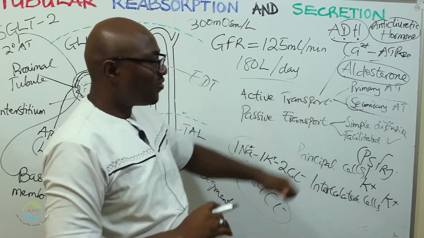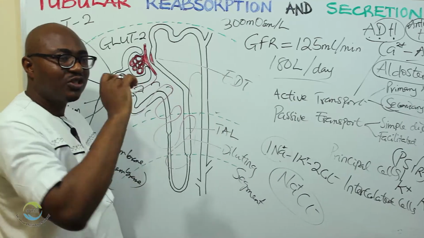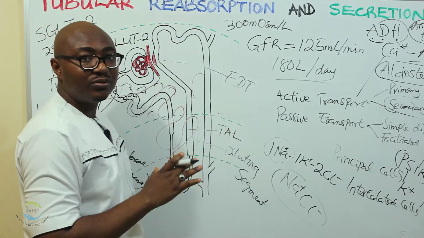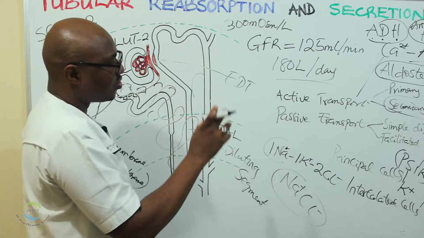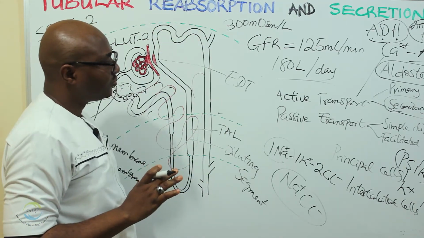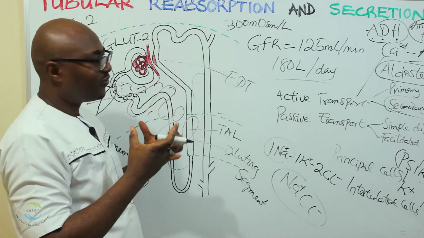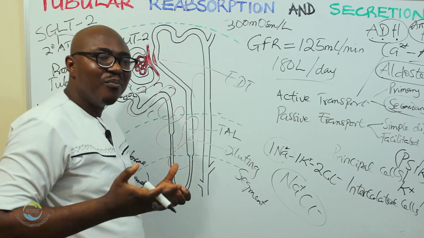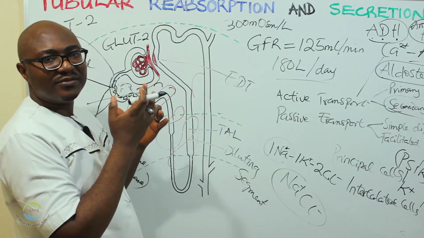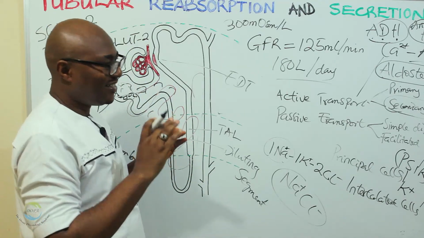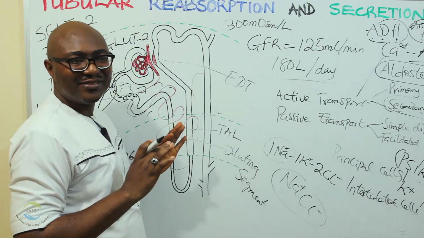Aldosterone regulates what? Sodium transport at the late distal tubule and the collecting ducts. So if you have a lot of aldosterone, more sodium will be reabsorbed. If you have little aldosterone, little sodium will be reabsorbed.